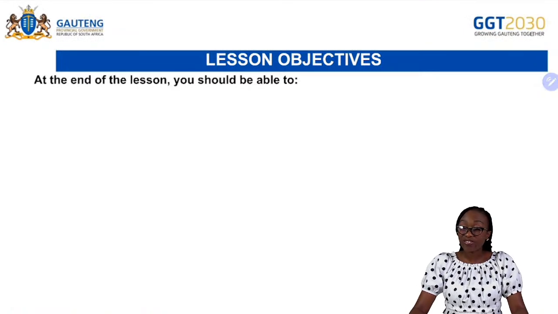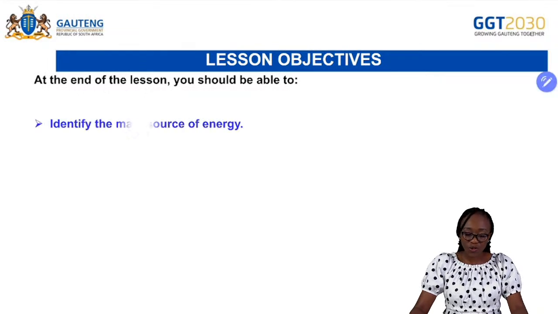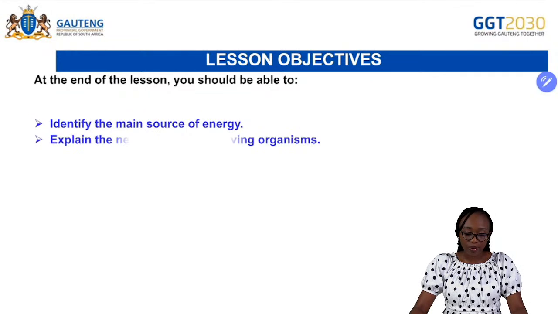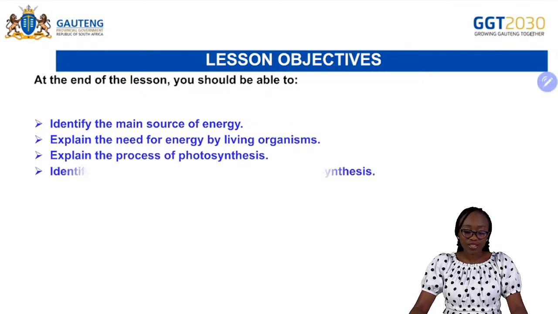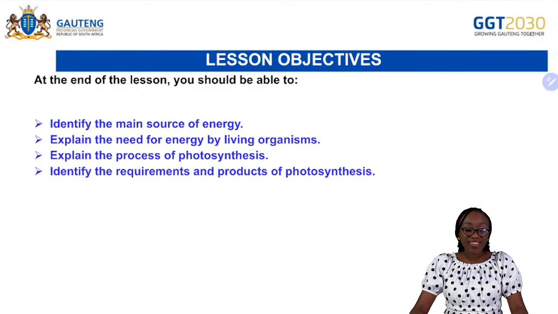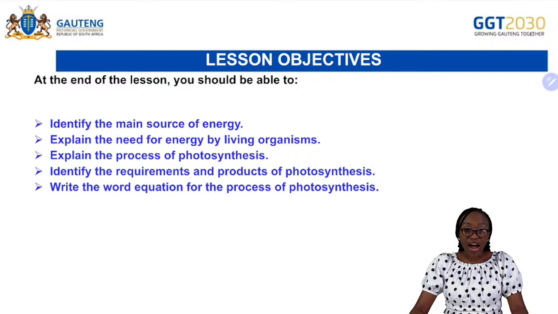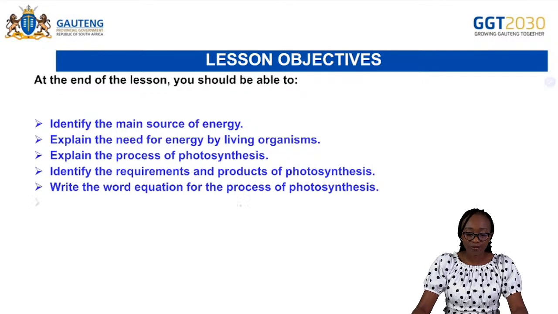At the end of the lesson, you should be able to identify the main source of energy, explain the need for energy by living organisms, explain the process of photosynthesis, identify the requirements and products of photosynthesis, and write the word equation for the process of photosynthesis.